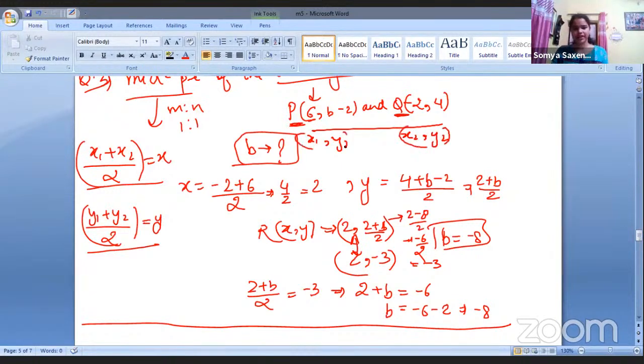We can write these 2 points as x1 comma y1 and x2 comma y2. If I didn't know the midpoint and had to find it, I would use this. So just tell me what would come here, Anusha.